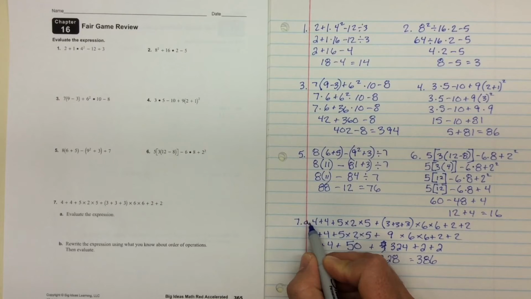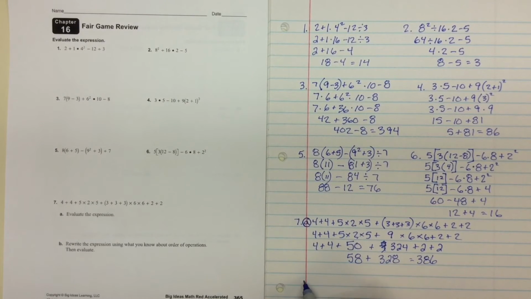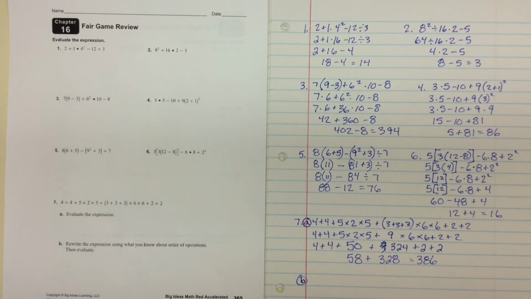That's part A that says evaluate. Part B says rewrite the expression using what we know about order of operations. It's kind of a confusing question there, but what they wanted us to do is rewrite this original. 4 plus 4 is the same as 4 times 2.